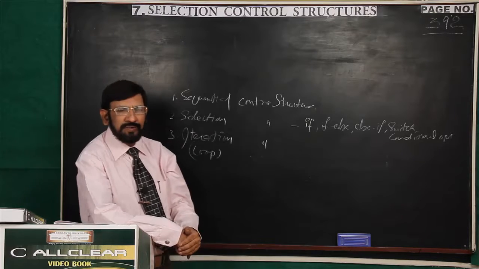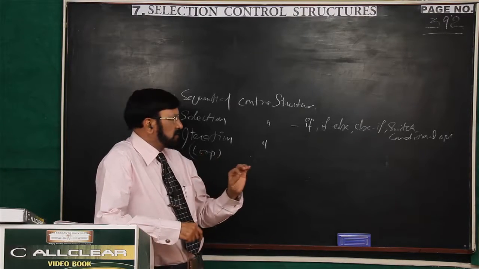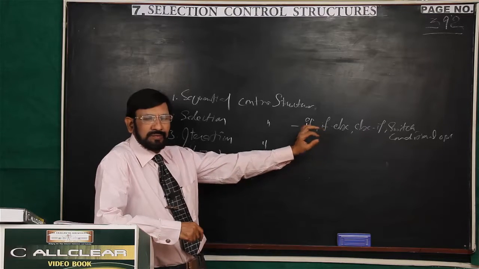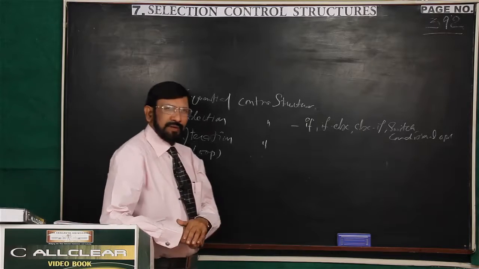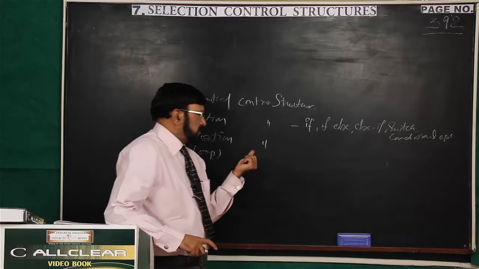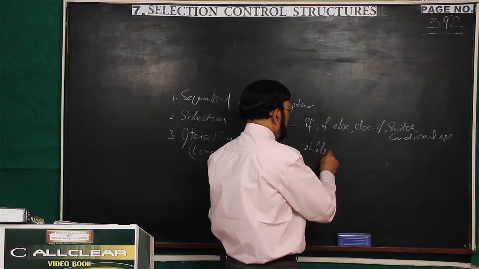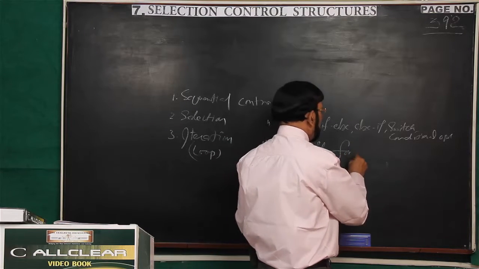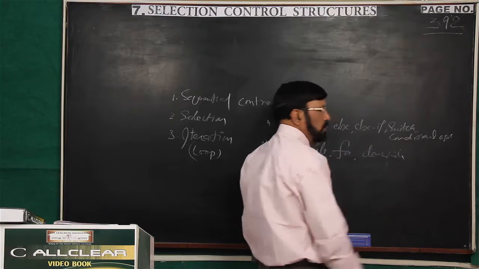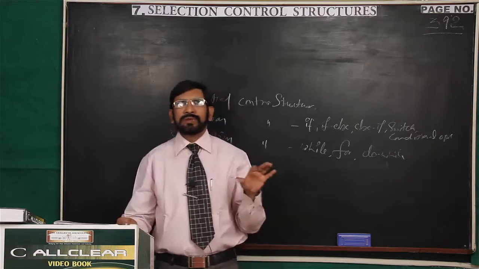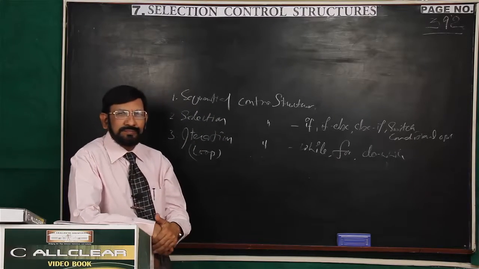They have different features. All are selection only, but in different situations we can use the suitable one. In the same way, for iteration, that means loops, C provides three types of loops: while loop, for loop, and do while loop. All these statements are also known as control flow statements.